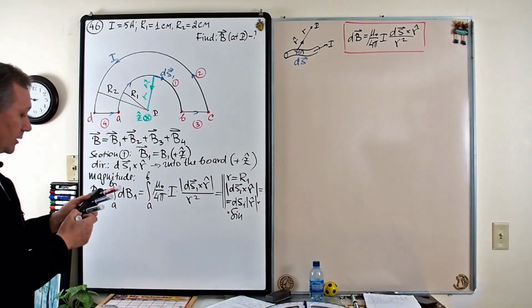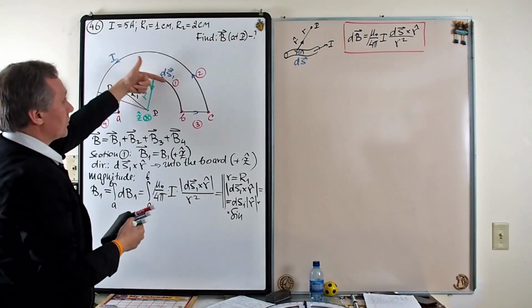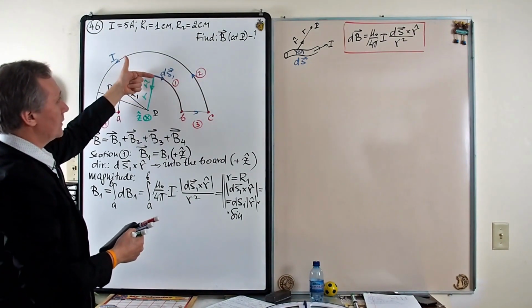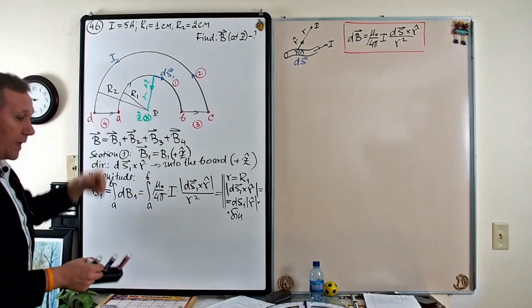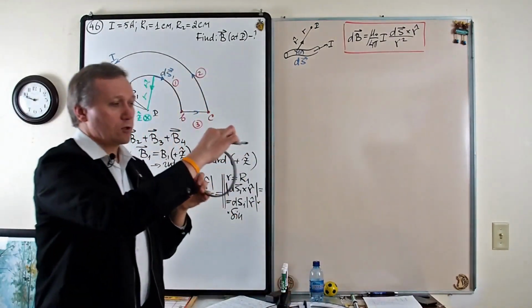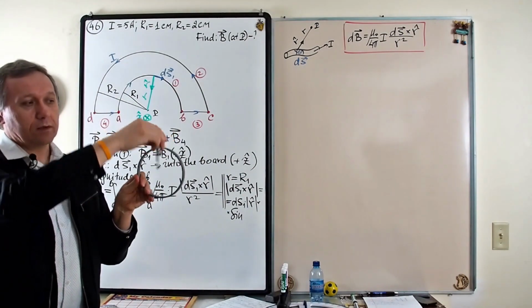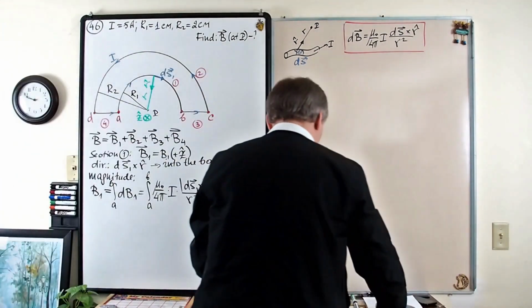Let's look at the picture. ds is tangent to this semicircle, but r hat is radial. What's the angle between the tangential direction and the radial direction? Of course, 90 degrees.